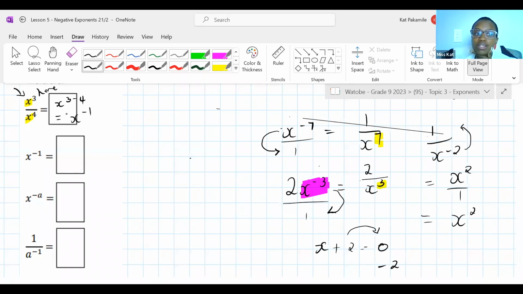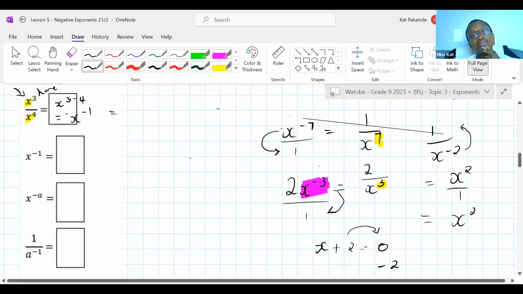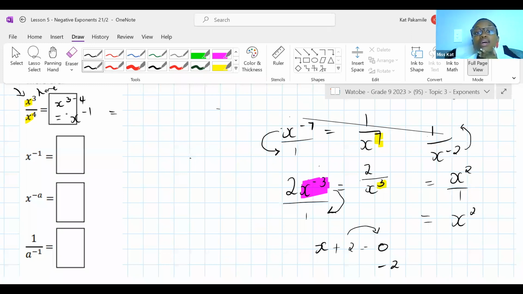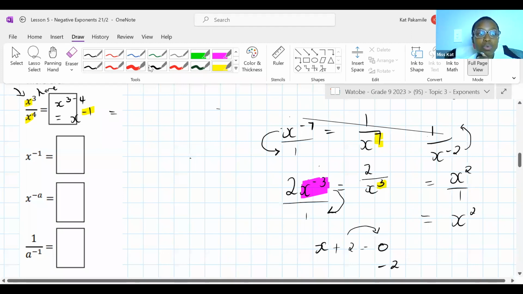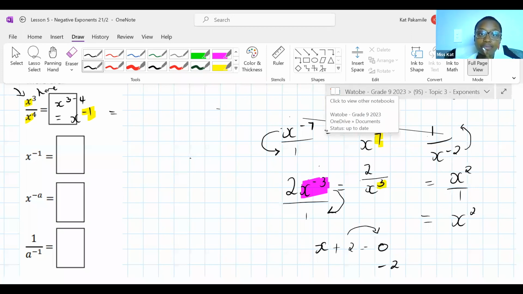Okay, if you were to rewrite this as a positive exponent, tell me what you would write. As a positive, remember right now we have a negative exponent, right? Yes, ma'am. One is negative. We want it to be positive. How do we do that?